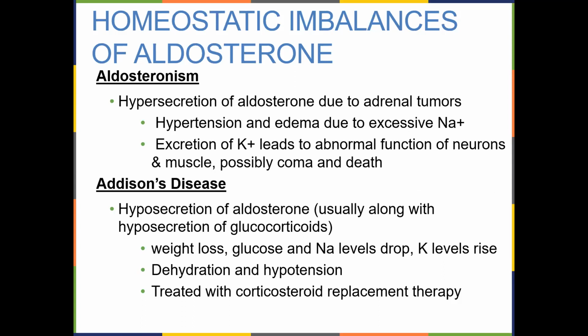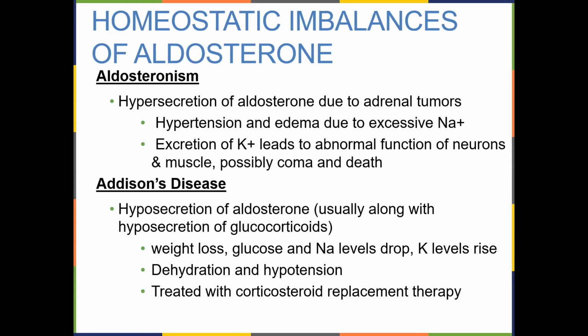If we don't have enough potassium, then we can't depolarize. Or if we depolarize a muscle cell or a nerve cell, it'll depolarize once and never reset itself, never repolarize. Nerve cells can't function. Muscle cells can't function. So your patient dies.